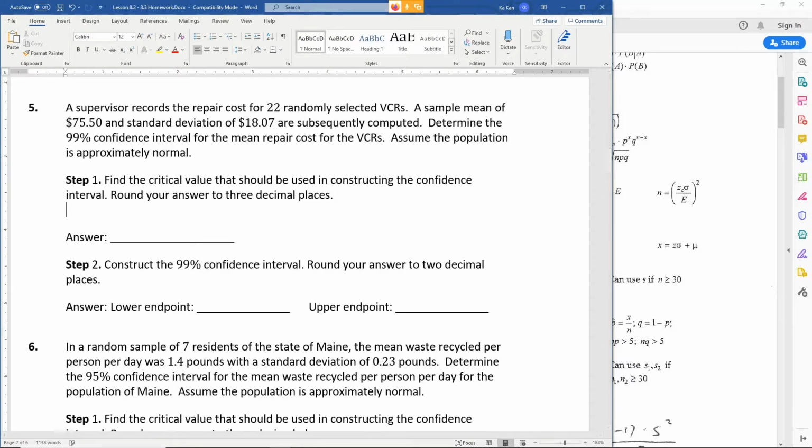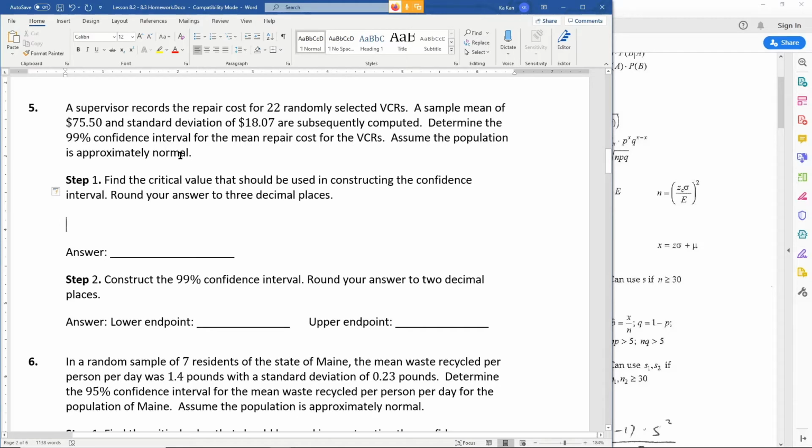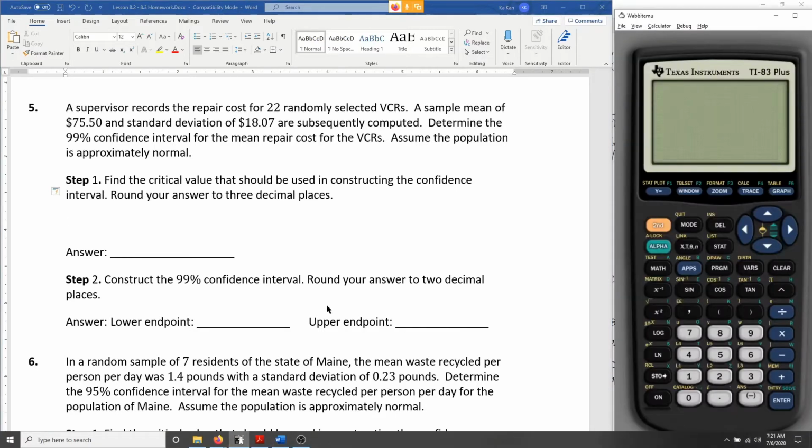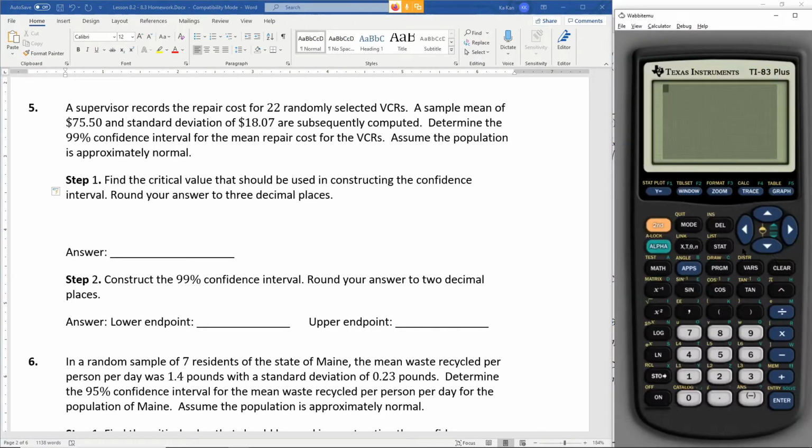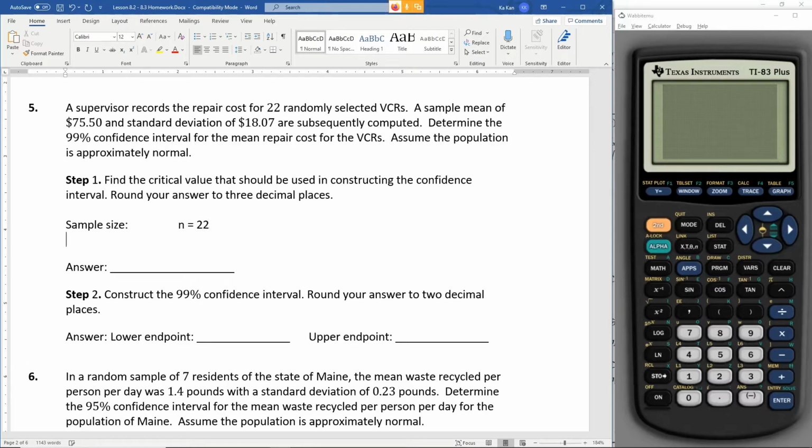So as I mentioned in the last session, for number 5, you are looking for the repair cost for 20. The data set is 22 randomly selected Feasley owls. So we know right away the sample size, which is n, equals 22. So right from the start, we got that.